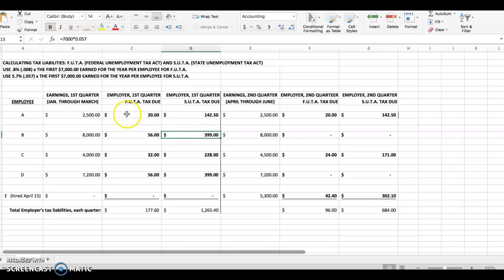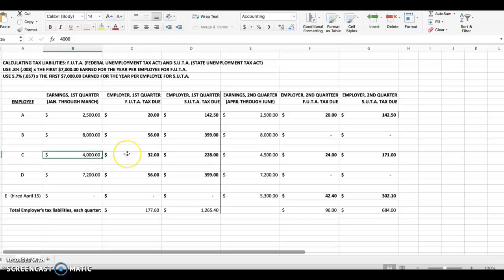The state is based on 7,000 times 0.057. Again, the business does not have to pay once the employee reaches 7,000. So from now on, we don't have to worry about paying unemployment tax for that particular employee because he or she is already over the $7,000 limit.